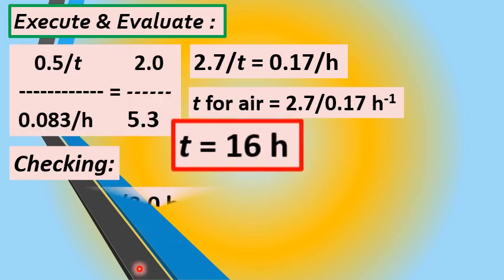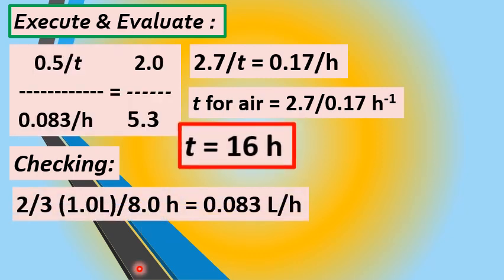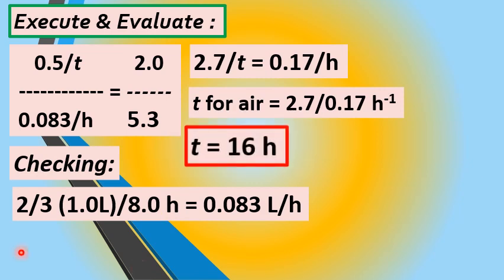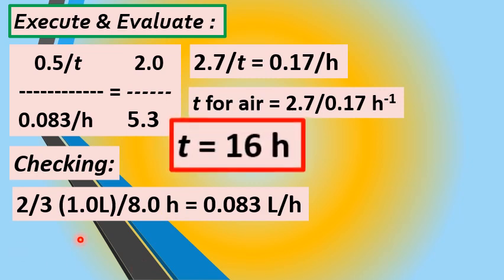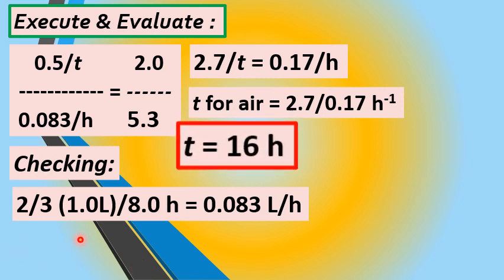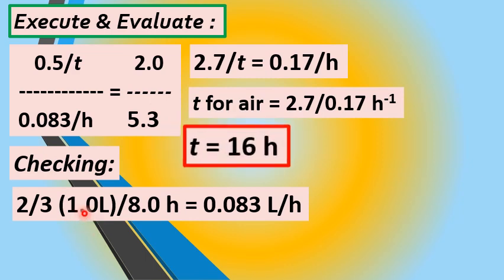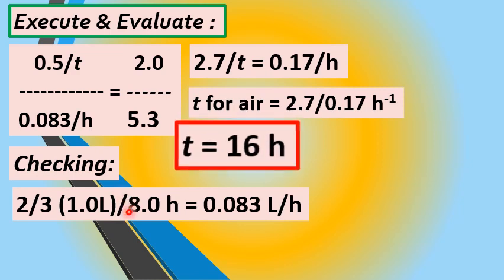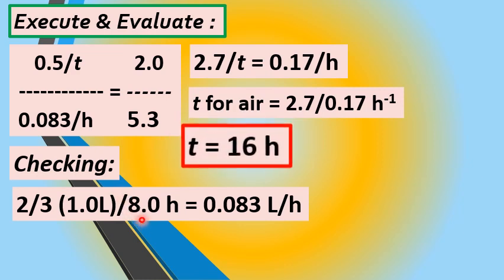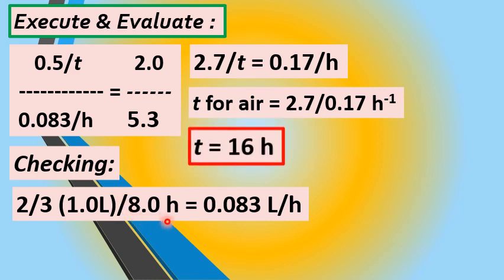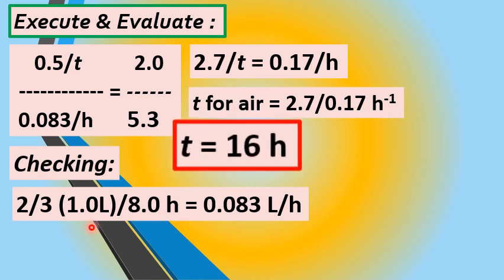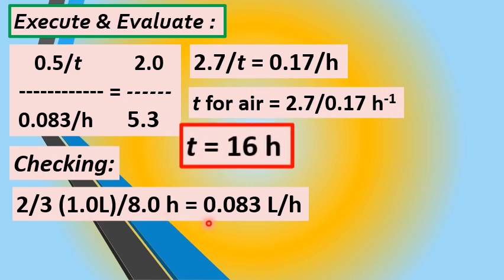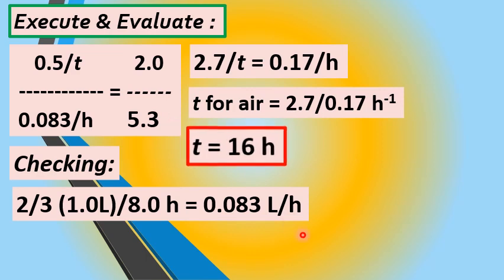So for helium gas, we have 2/3 multiplied by an assumed initial volume of 1.0 liter for simplicity, and then divided by the given time, which is 8.0 hours. Simplifying, that gives us 0.083 liters per hour.